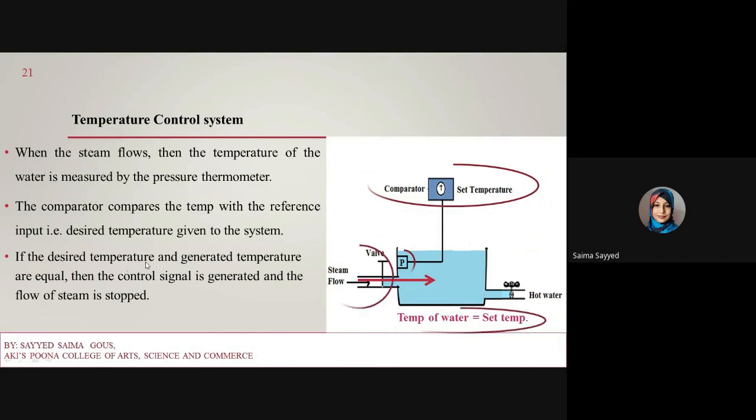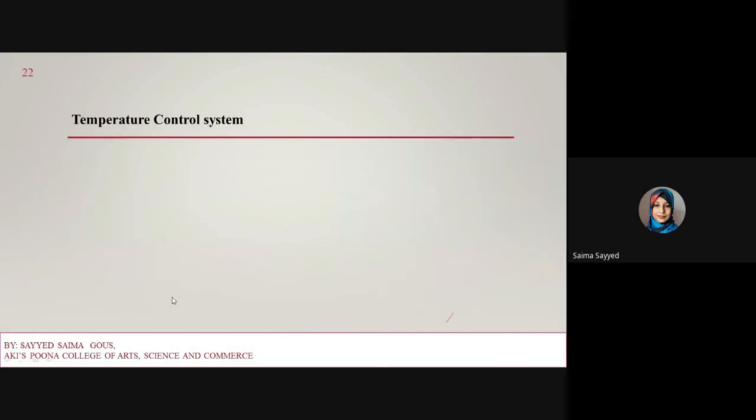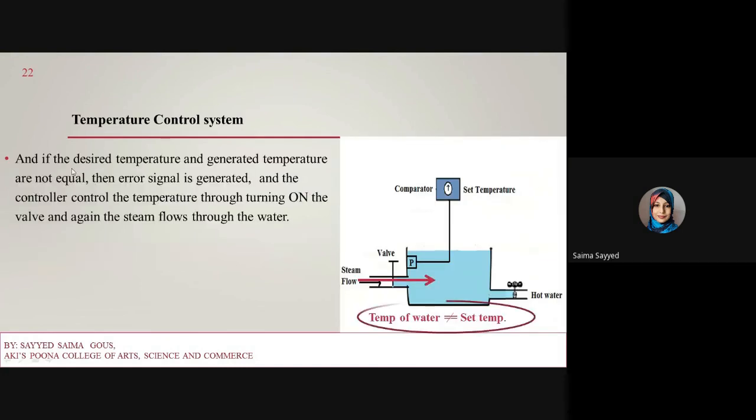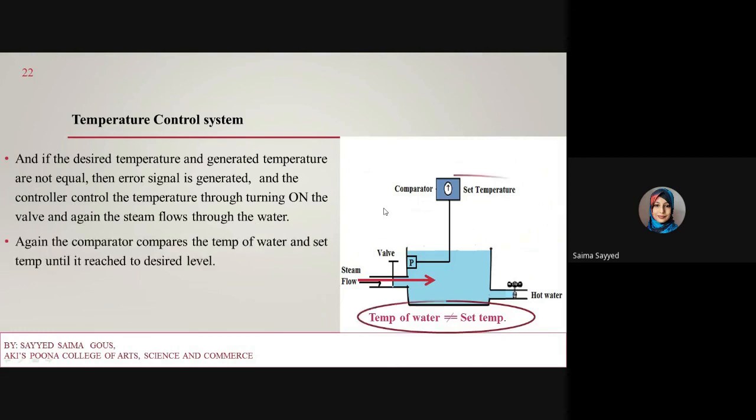then the control signal is generated and the flow of steam is stopped. And if the desired temperature and the generated temperature are not equal, then an error signal is generated, and the controller controls the temperature by turning on the valve, and again the steam flows through the water.